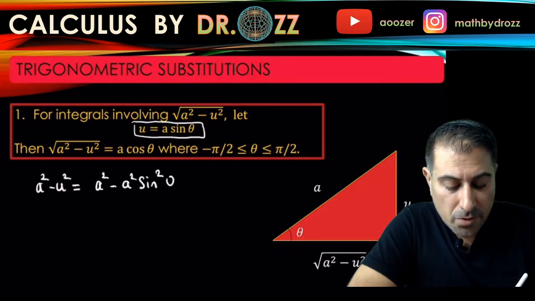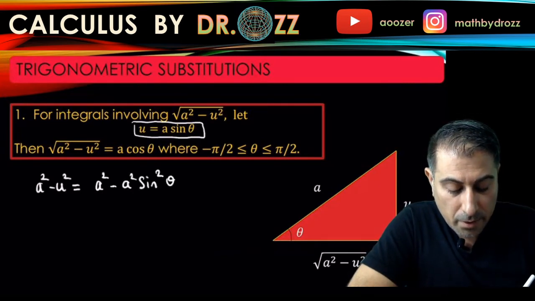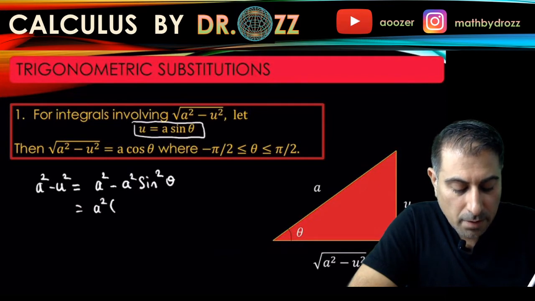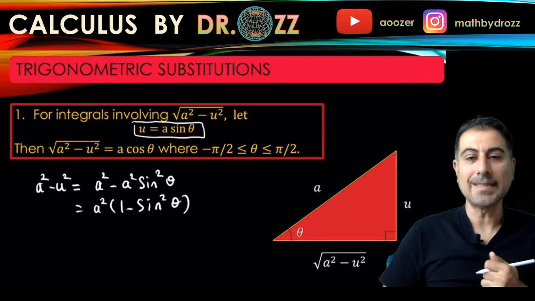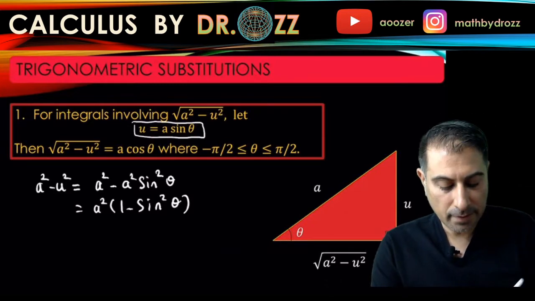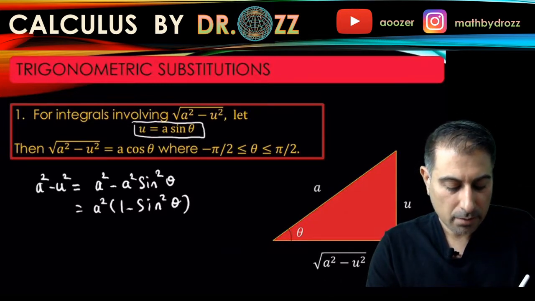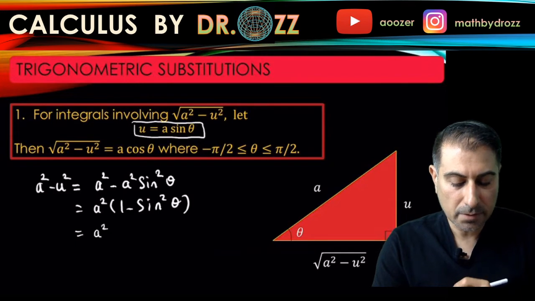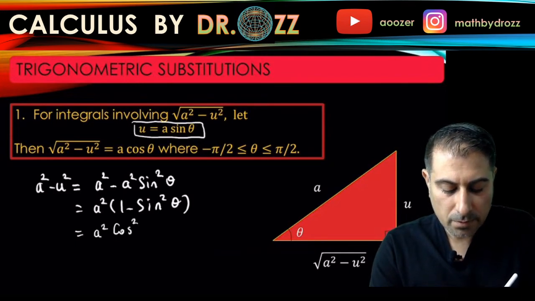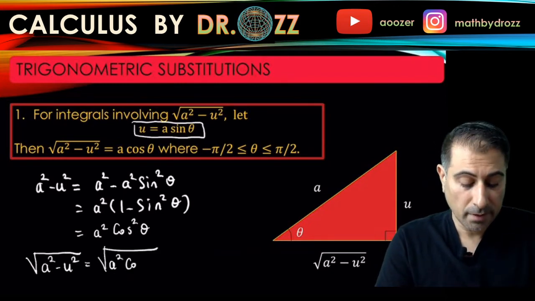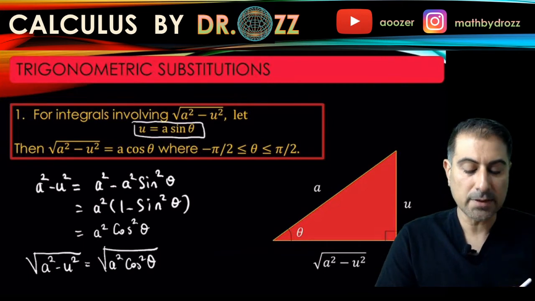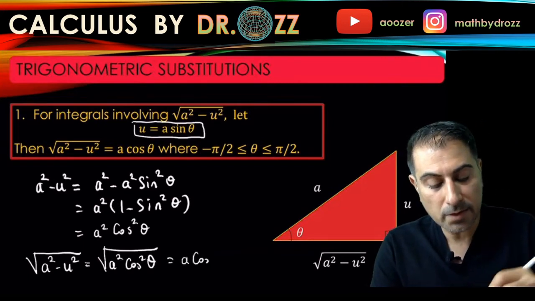And we can make use of the Pythagorean identity by first pulling out a squared and then replacing 1 minus sine squared theta by cosine squared theta. So in turn, the radical a squared minus u squared becomes the square root of a squared cosine squared theta, and that is a cosine theta.